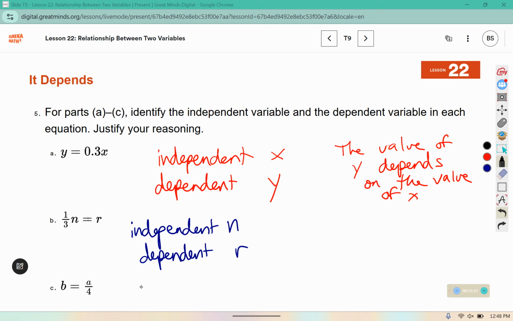In part C, the independent variable would be a, and the dependent variable would be b. B's value depends on what we put in for a. You can just write the same little sentence, replacing the letters in each one to match part B and C.